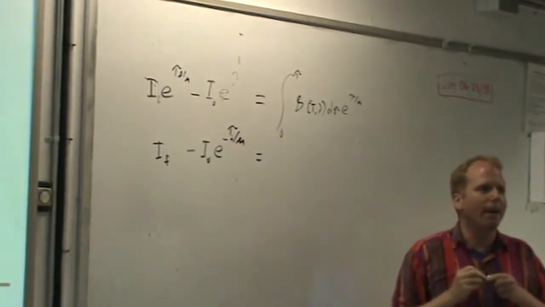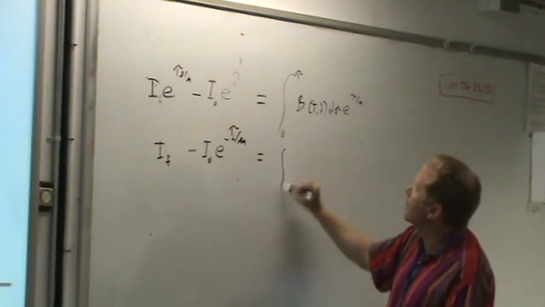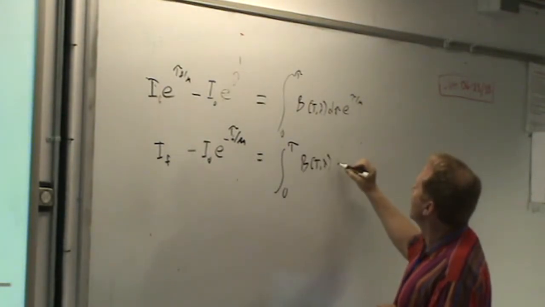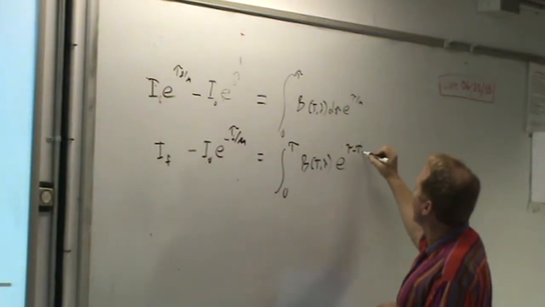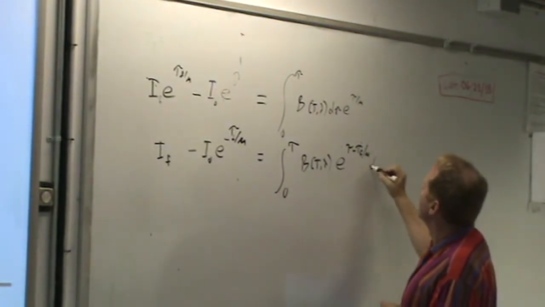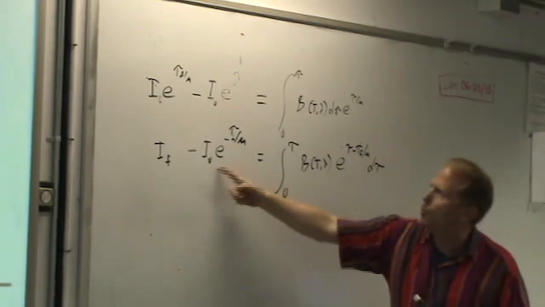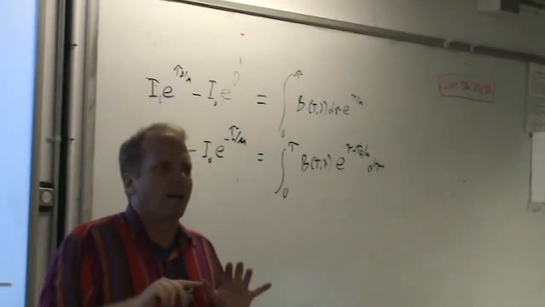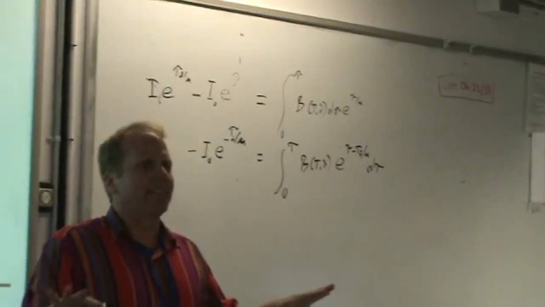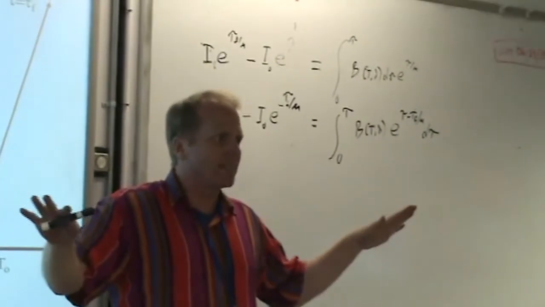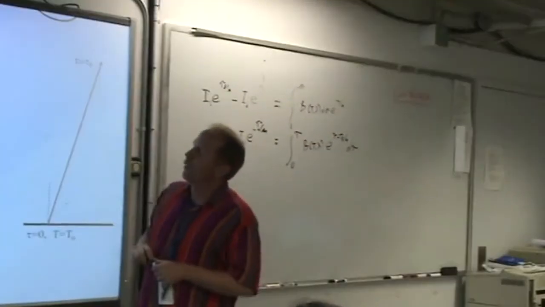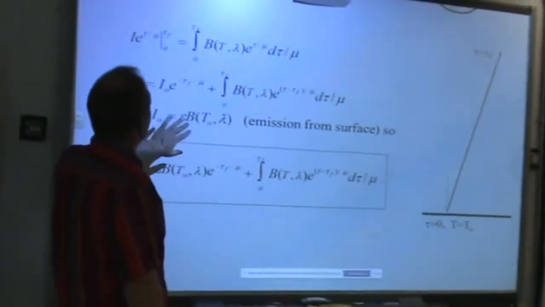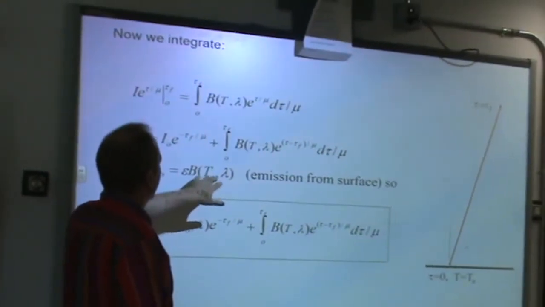The tau final is a constant, so I can bring it inside the integral sign. 0 to tau b of I mu e to the tau minus tau final. Okay? And then I just move this to the other side, over here. So, if you're not following that, it's okay. What's happening is I'm doing integration. So do some integration, and I'm going to say that I0 is equal to emissivity times the black body.